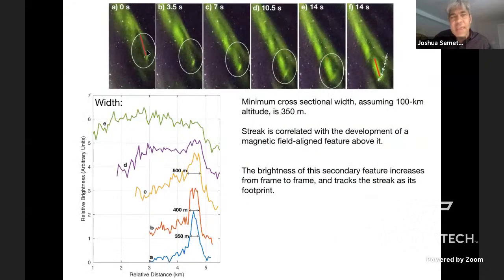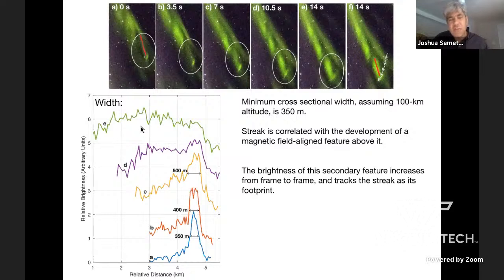We can play that game in the other direction as well. What I've done here is put a red bar along the local magnetic field line as modeled by Sigonenko. Let's take a cut through that magnetic field line direction as we move from frame to frame, from bottom to top. We start out with just the feature, and I'm not going to declare any causative connection, but there's a correlation with the formation of a magnetic field aligned feature above it as it moves along its trajectory.